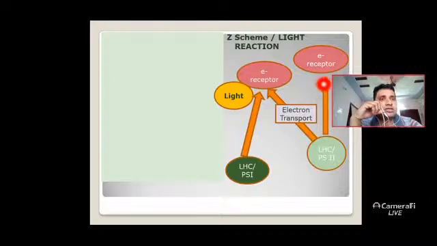These electrons are received by some electron receptors like cytochromes or plastoquinones. Then the electron receptors carry the electrons away through the electron transport to the LHC of PS1.